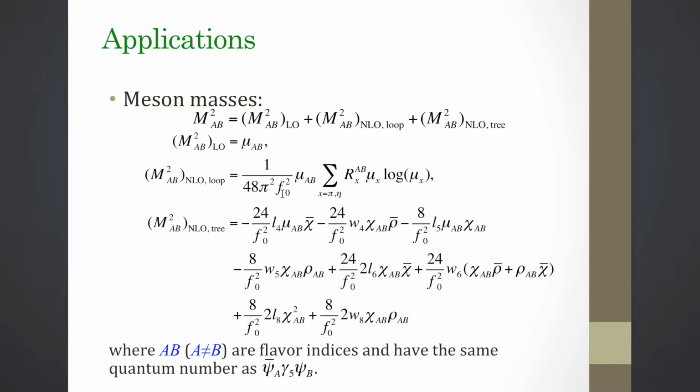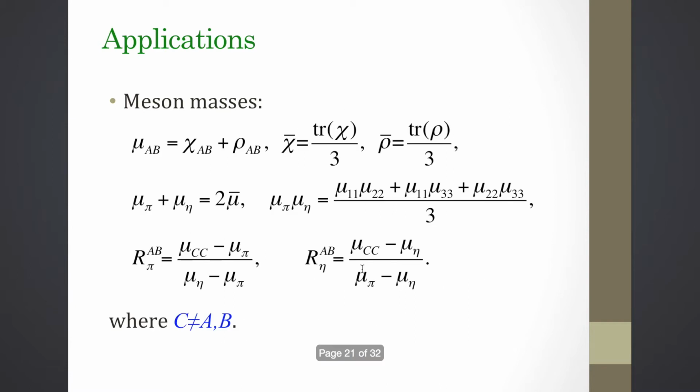The leading order and next leading order loop corrections and the next leading order tree contributions both depend on some parameters or constants that need to be fitted by lattice simulations. So these are the definitions of these constants.